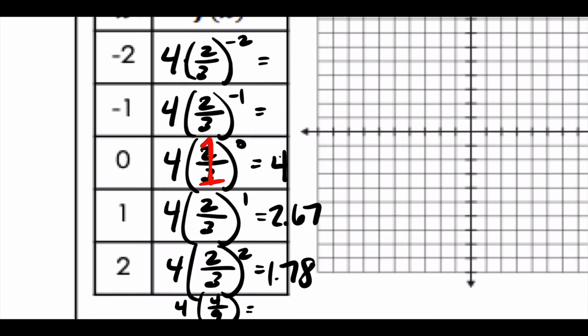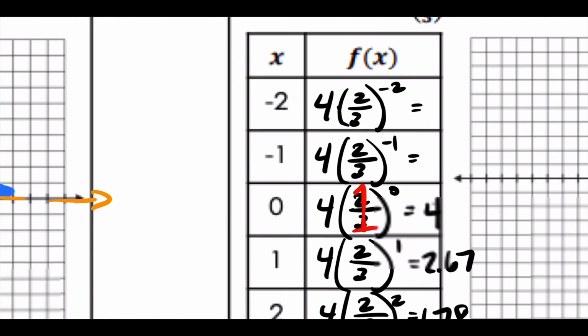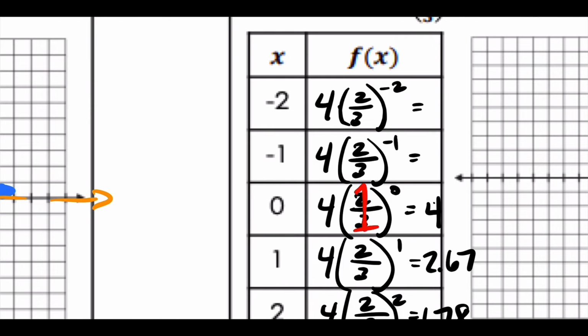Okay. All right. So what about 2/3 to the negative 1? What happens when I have a negative 1 power? They're going to end up flipping, right? Because when I distribute, that means the 2 goes down, the 3 comes up.